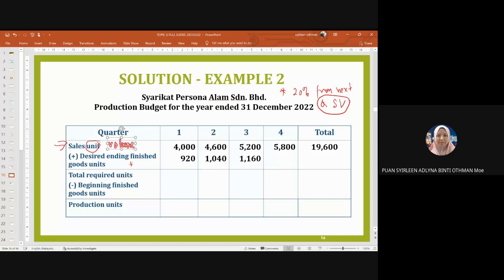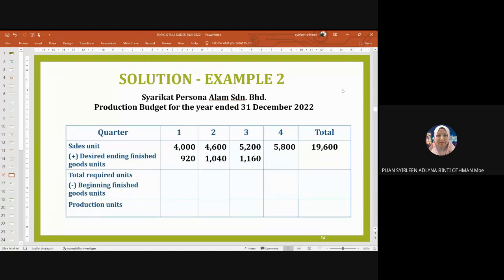Masalah sekarang ni, macam mana saya nak isi quarter 4? Sebab saya nak darab dari apa? This is a budget, so the policy dah ditetapkan oleh syarikat tersebut dari awal. Syarikat tu dah bagi tahu dekat kita, dia punya policy, setiap kali dia buat sales untuk every quarter, dia akan naik 600 unit.